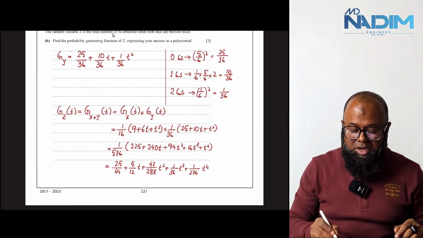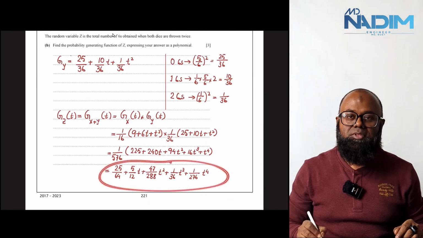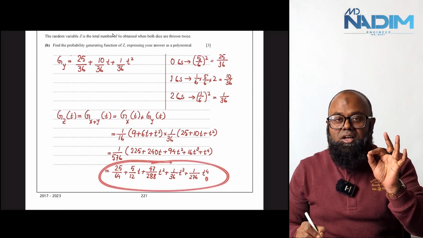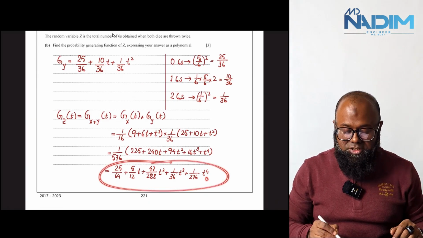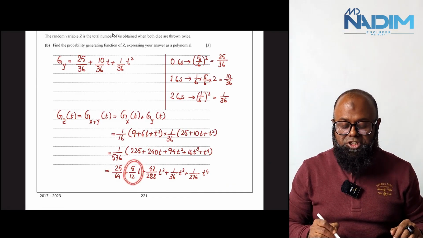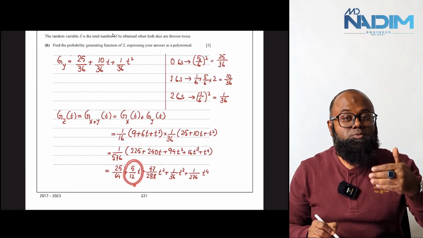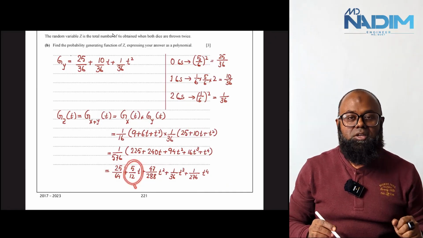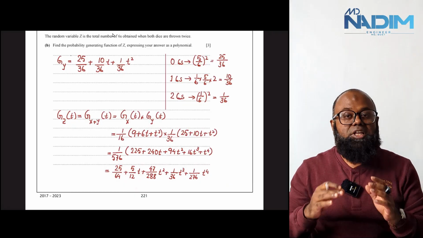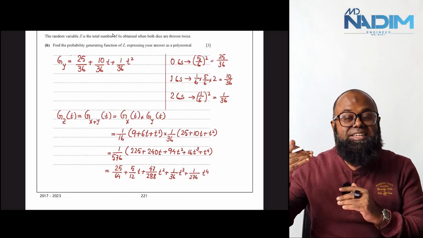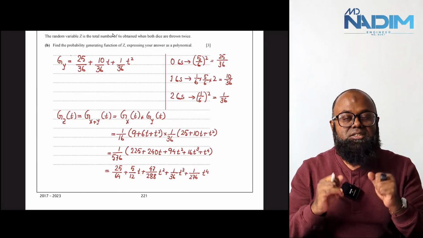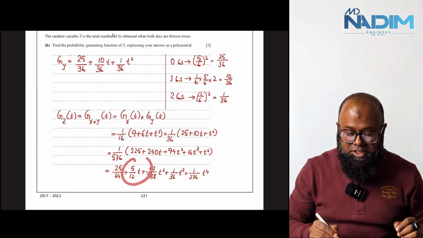Look at the probability generating function. Take the term with the largest coefficient. This one is the largest coefficient, that means this one has the highest probability here. And now we all know that the power of t indicates the value of z. So here the value of z is 1.